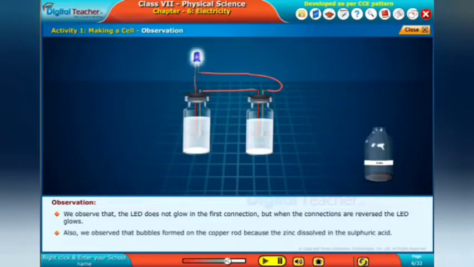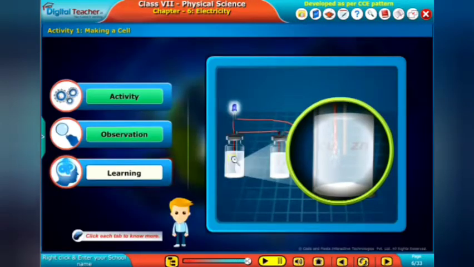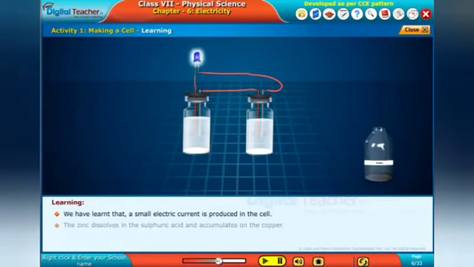Also, we observed that bubbles formed on the copper rod because the zinc dissolved in the sulfuric acid. We have learned that a small electric current is produced in the cell. The zinc dissolves in the sulfuric acid and accumulates on the copper.